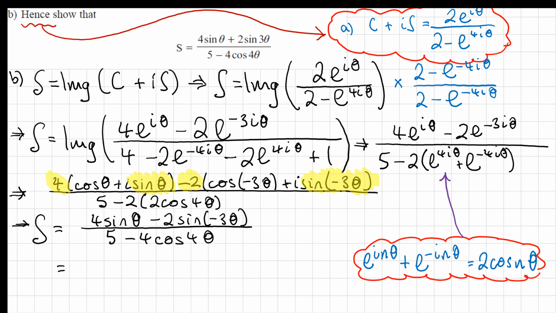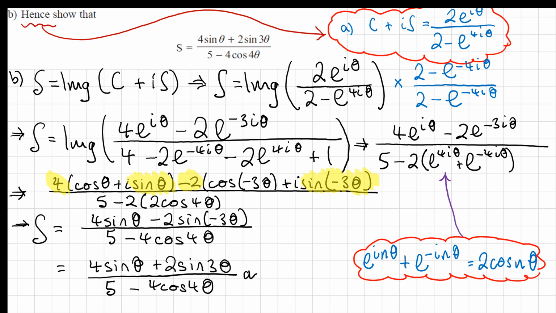From there, sine negative 3 theta is the same as moving the minus sign to the front. So we get 4 sine theta plus 2 sine 3 theta all over 5 minus 4 cos 4 theta, and it looks like we've got the result as required.